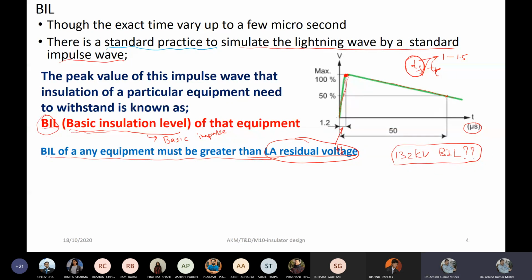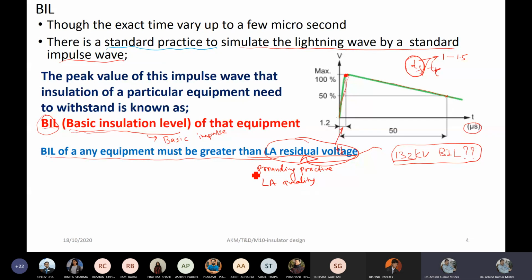Then definitely, what considerations will they make? They will consider everything which influences the residual voltage. So they will think about what the grounding condition and grounding practice are, and what the utility's practice is for lightning arrestor quality, which quality of lightning arrestor they use.